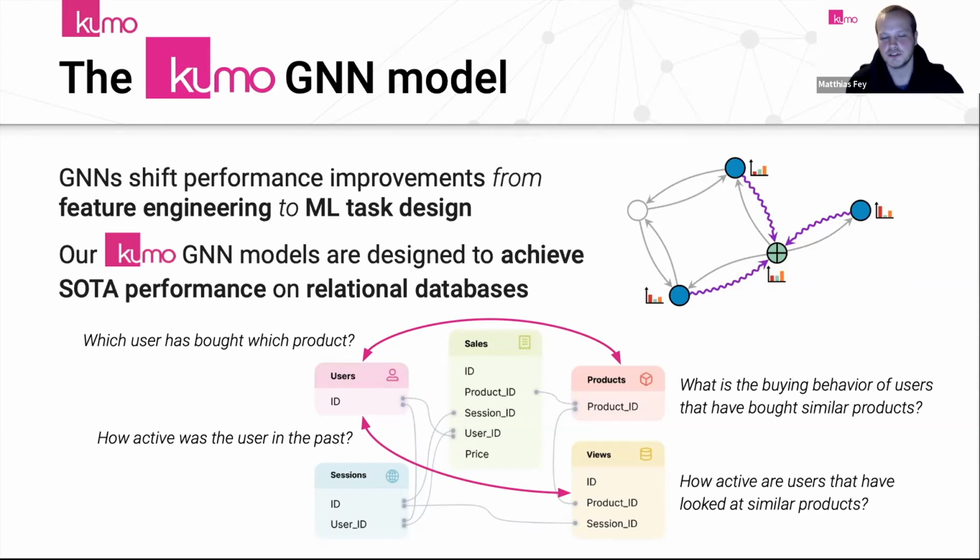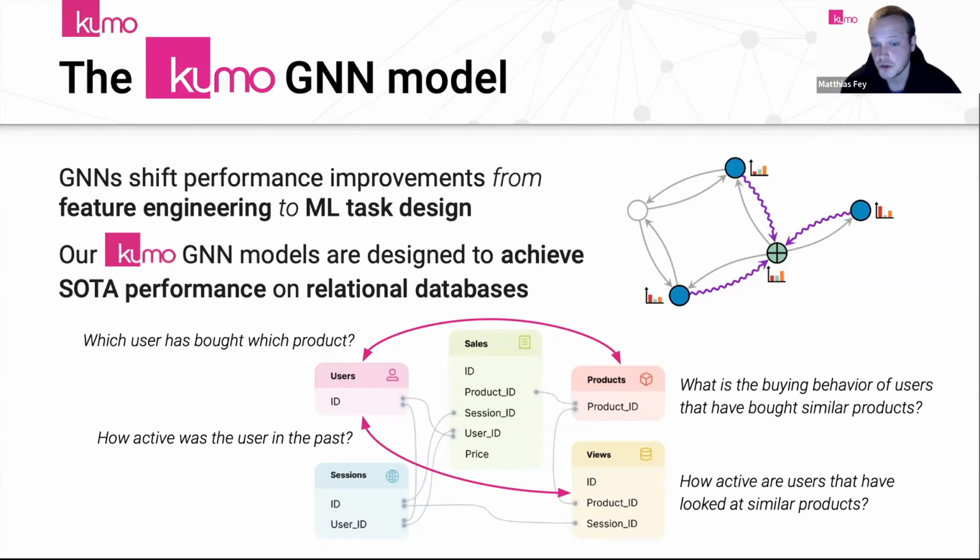So for example, if you think about a GNN starting to sample neighbors from a user table and then reaching products and views in the first hop, then that would be information about which user has bought which product or how active the user was in the past.